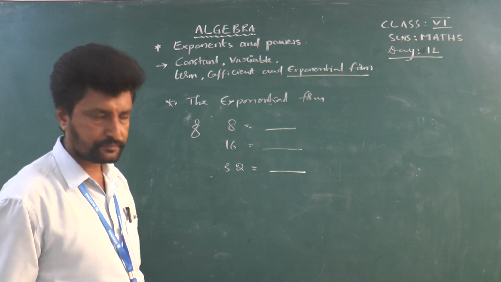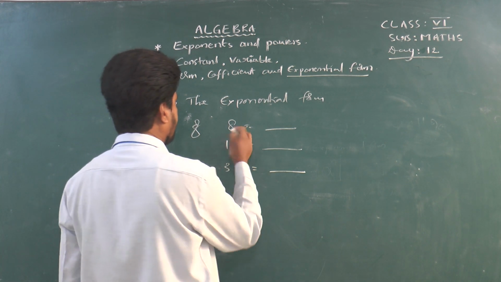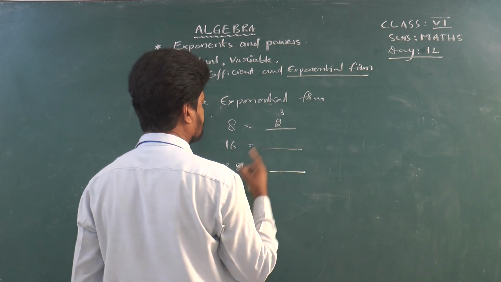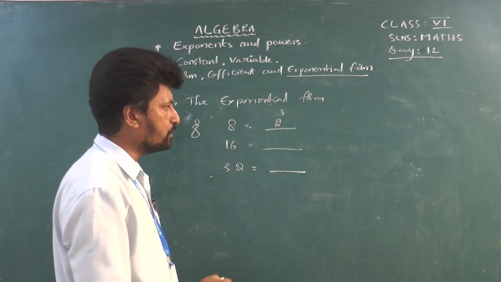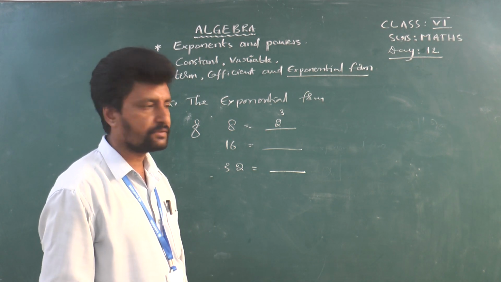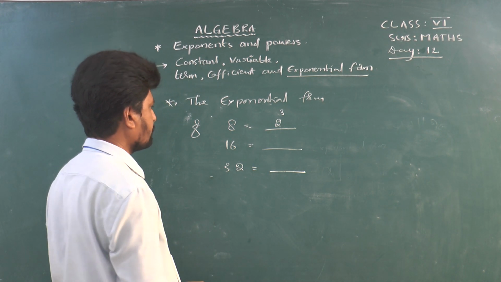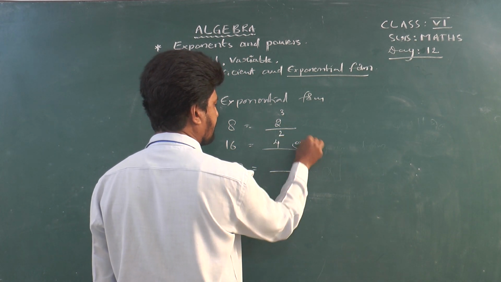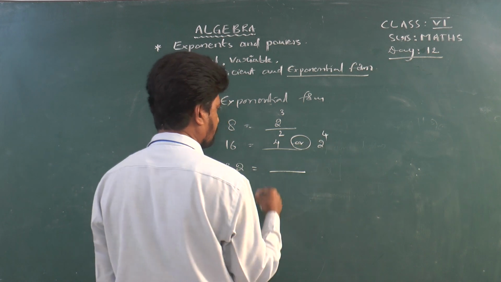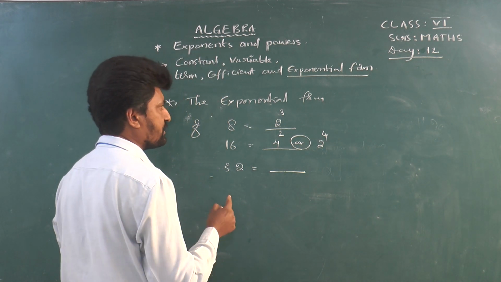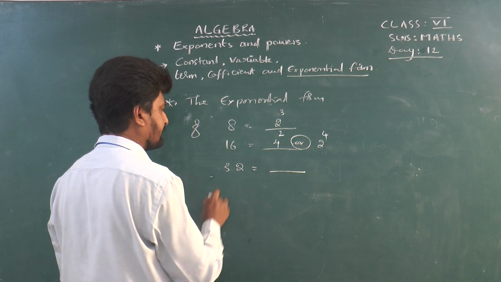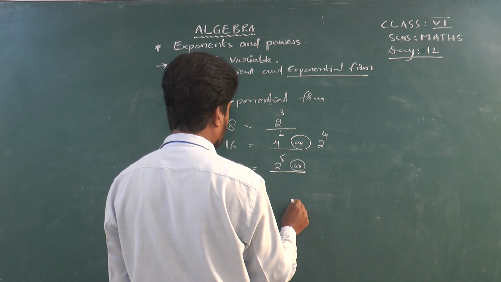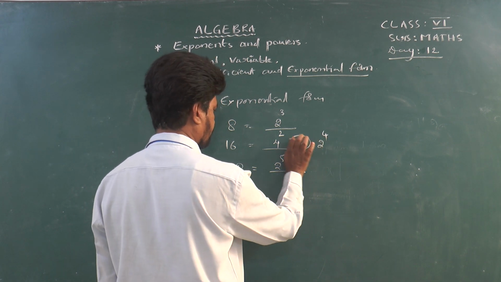This is the question. 8 we can write as 2 to the power of 3, that means 2 into 2 into 2. If we multiply 2 by itself 3 times, we get 8. Similarly, 16 we can write as 4 square, and also as 2 to the power of 4. Both are exponential forms of 16. And 32 we can write as 2 to the power of 5.